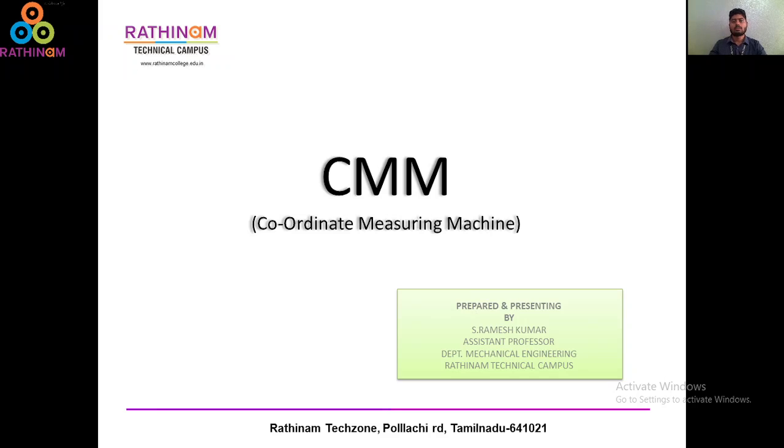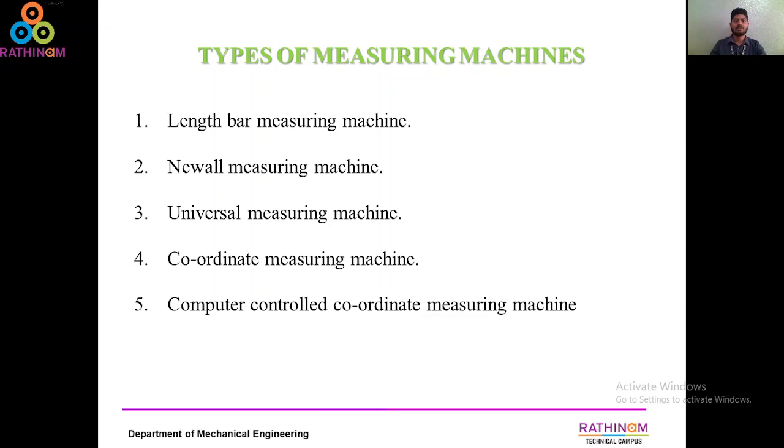For the CMM there are lots of types, based on the application, the size of the component, and also the software systems and probe systems supporting the CMM, that is, the coordinate measuring machine. Let me look at the types of measuring machines.